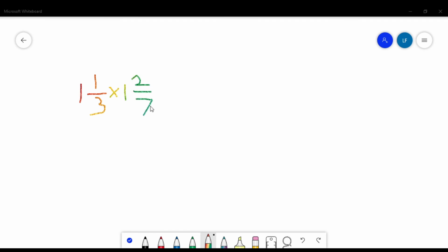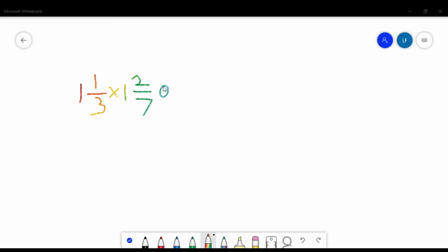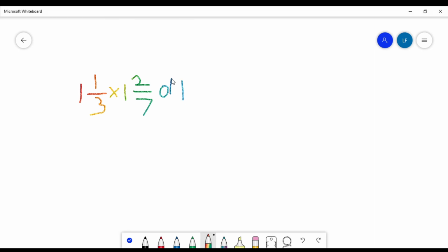This seems like a nice color. Of 1 1 by 4. Wait, this is of.